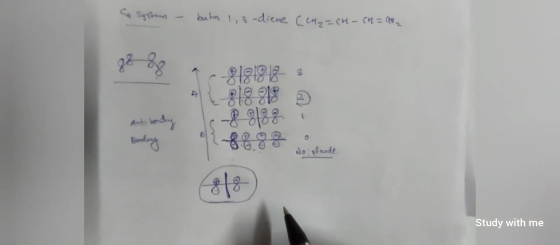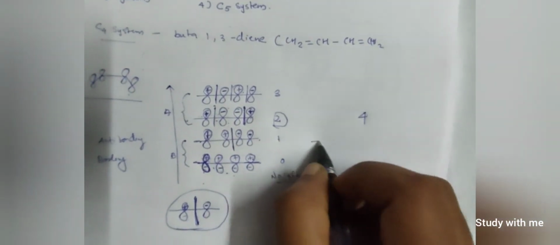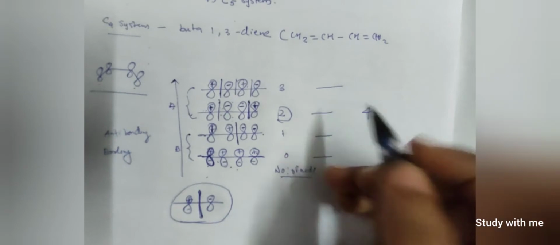I think you get the idea of putting positive and negative signs in the MOs. Next, we have to introduce electrons to these MOs. This is a C4 system, and it will have 4 electrons. This is the first MO, this is second, third and fourth.